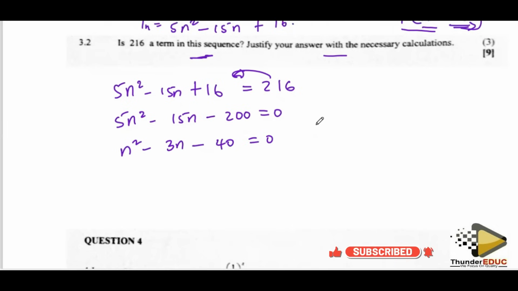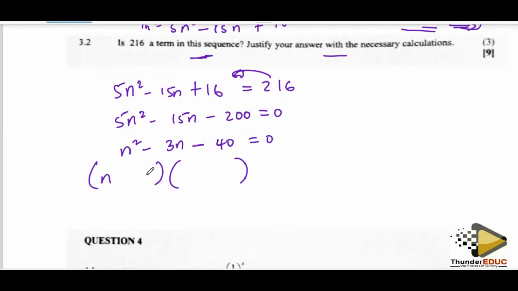Then I can use my factors. I can use the quadratic formula. This is n, it's going to be 8, n and 5. So I make this a negative and a positive to give me this expression equal to 0. Which means either n is 8 or n is negative 5.